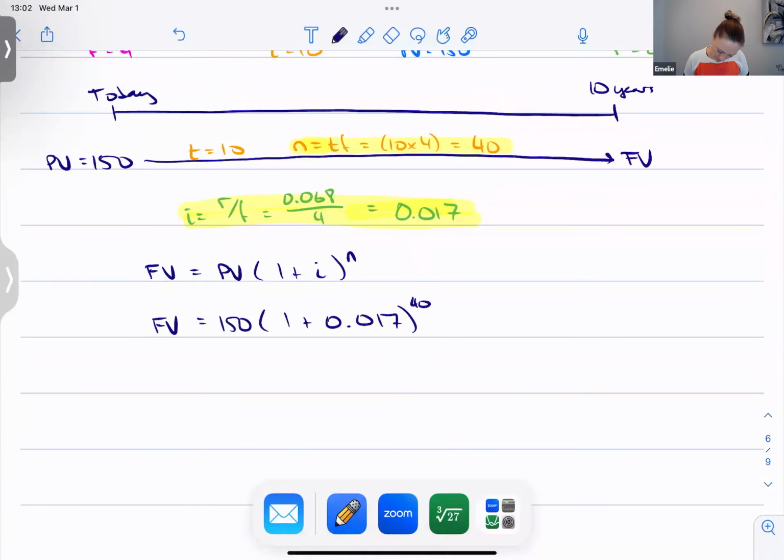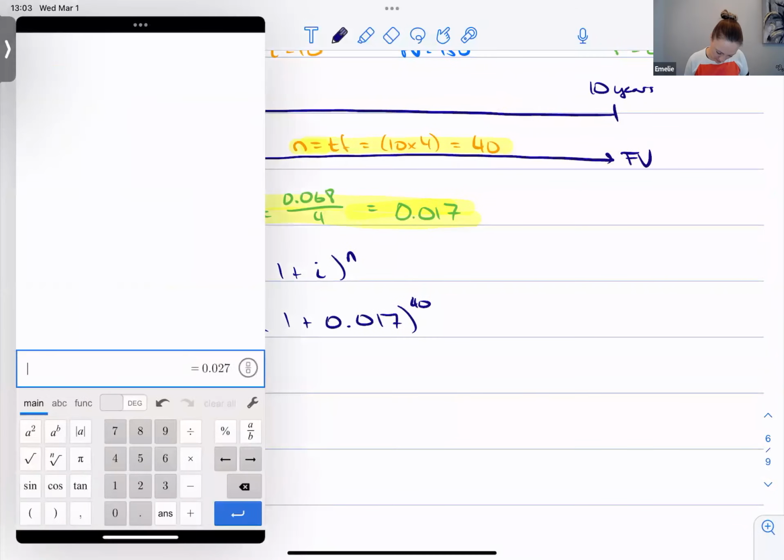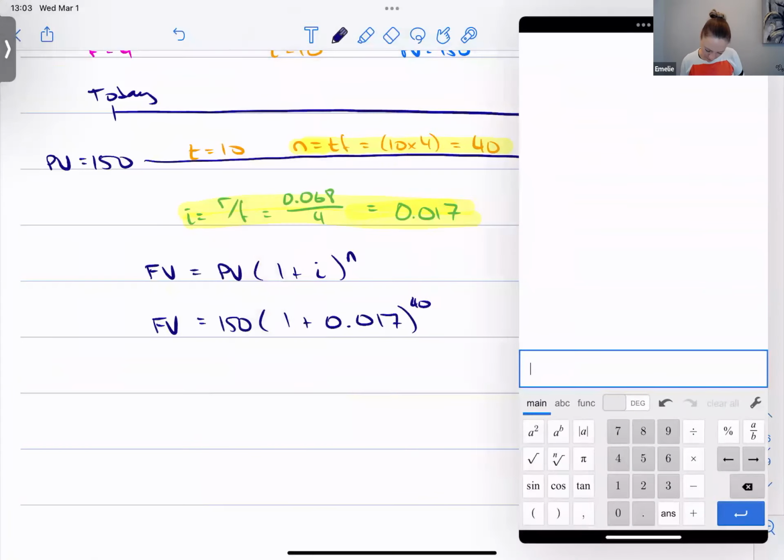Let's see. Oh, I have it here. So I have 1 plus 0.017. Let me just confirm my I. 0.068 divided by 4.